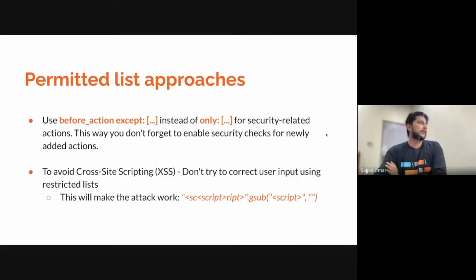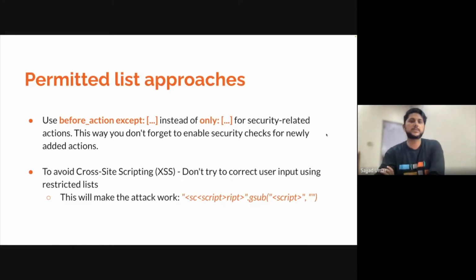Like in Rails application, we should prefer using except instead of only for security related actions. For example, if we are trying to authenticate a user or adding authentication on multiple methods, we should use except instead of only, because if you use only, there might be chances if you add new methods later on in the code base, you forget to add those methods in security checks.